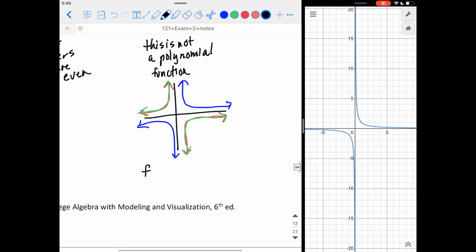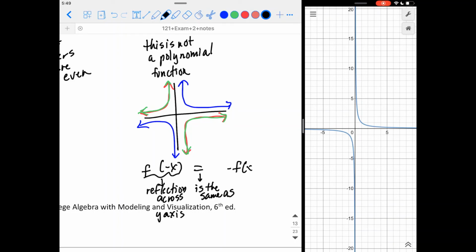So I can write f of negative x, my reflection across the y-axis, is the same as my reflection across the x-axis.